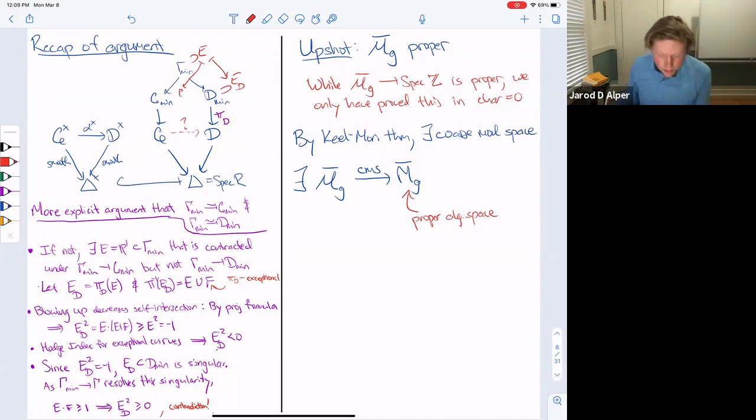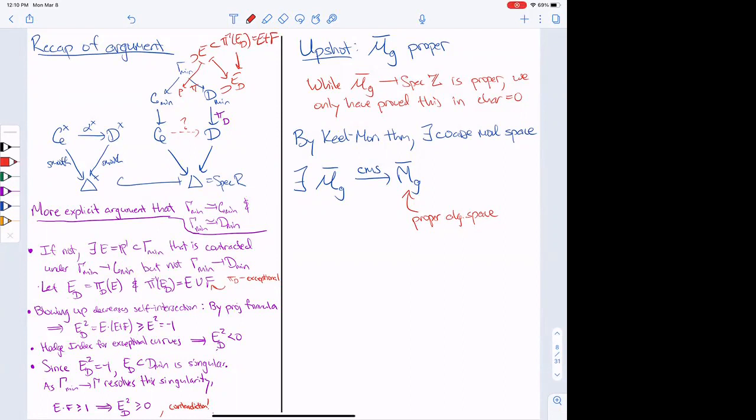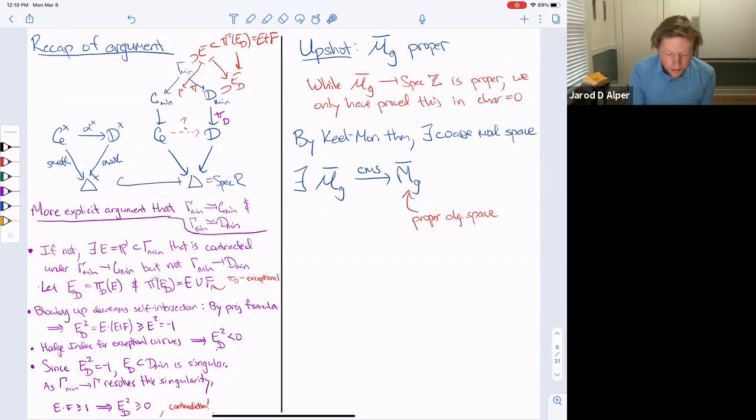And on the other hand, let's also look at the pre-image of this ED. This map is pi, let's call it pi inverse of ED, maps to this, and it contains E, but it might also contain more, some other exceptional divisor F. And so we play this game where we look at the self-intersection of ED, and we try to get a contradiction by looking at the self-intersection.